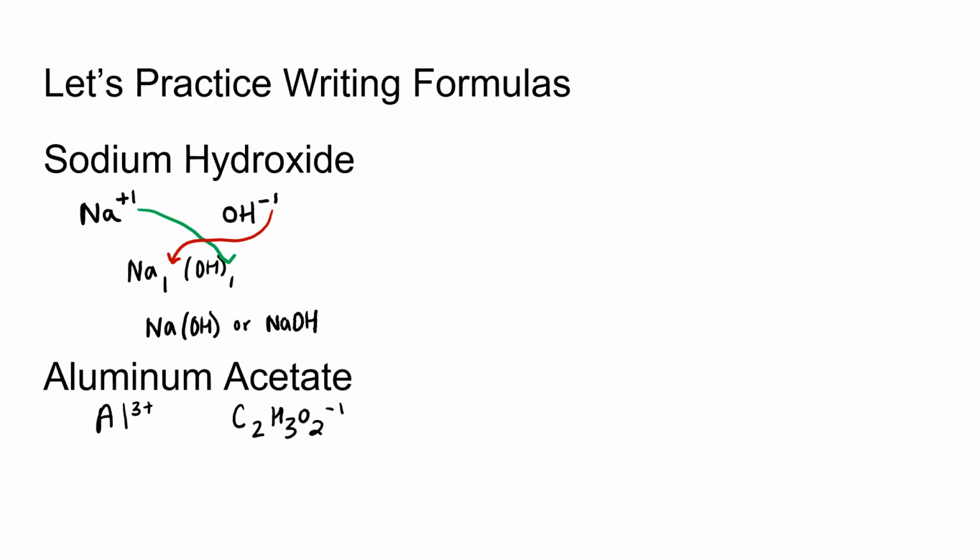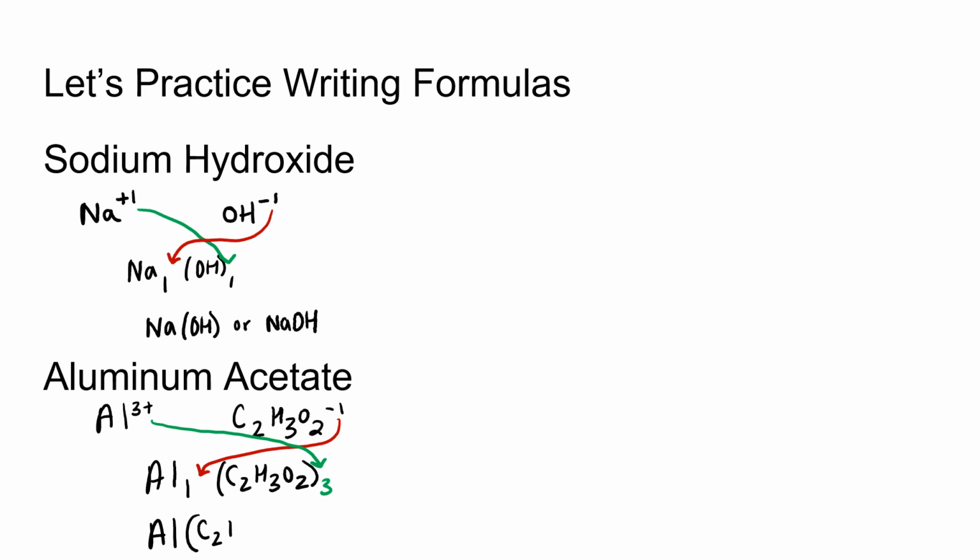When we crisscross those charges, we see that the 1 is going to become the subscript for the aluminum, so we'll have Al1, and that the 3 is going to become the subscript for our acetate. So we're going to want to put that acetate into parentheses because we need more than 1 acetate in our formula.